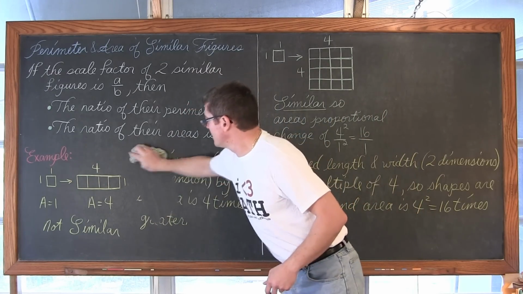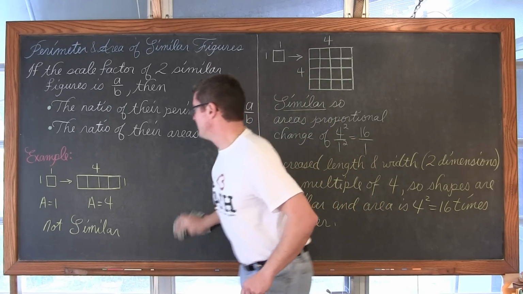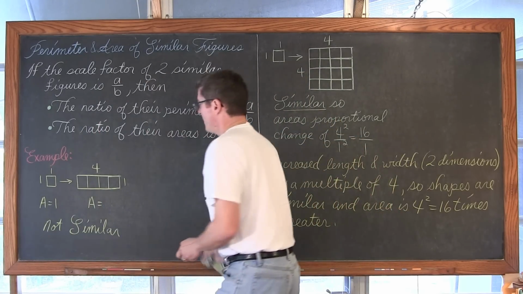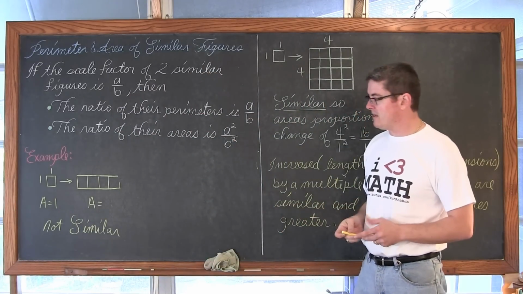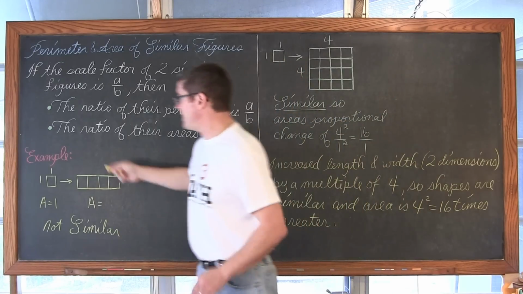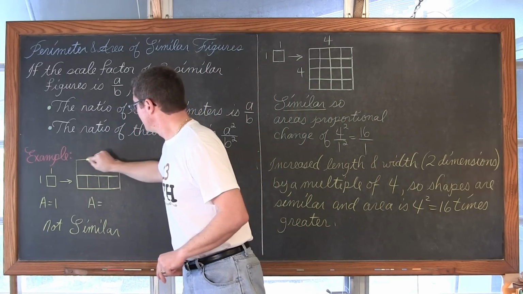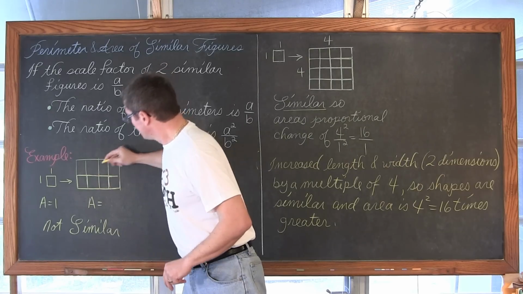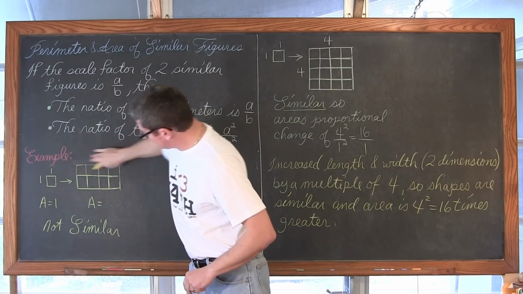Well, if I take this out, I not only increase the length by 4, but I increase the width by 2. I'm going to change my notes a little bit on the fly, so my drawing's not going to be quite as neat.